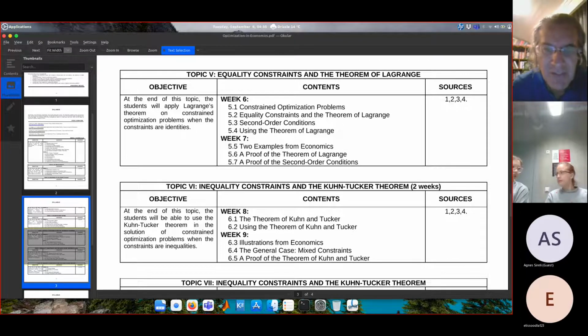Week number 6, we are going to see constraint optimization problems, then equality constraints and the theorem of Lagrange, second order conditions, and using the theorem of Lagrange. Week number 7, we're going to cover 2 examples from economics, a proof of the theorem of Lagrange, and a proof of the second order conditions.